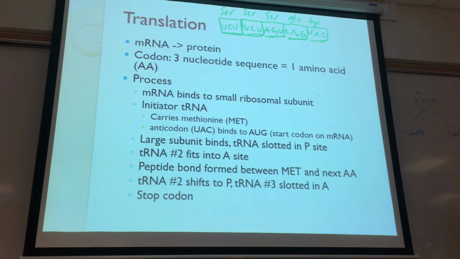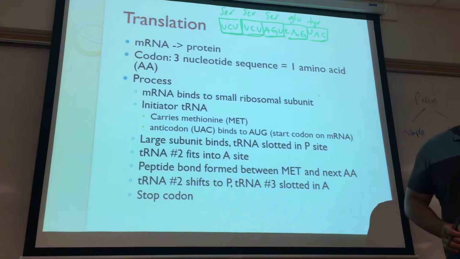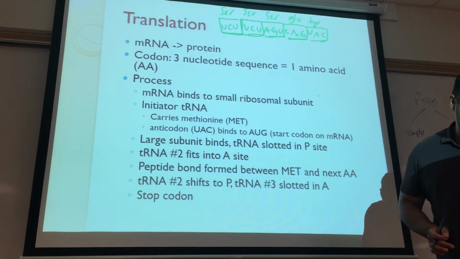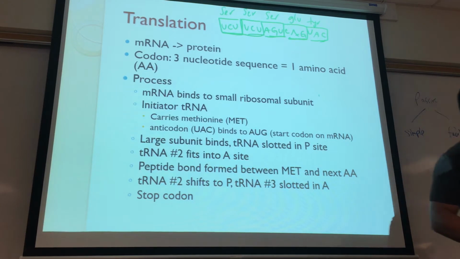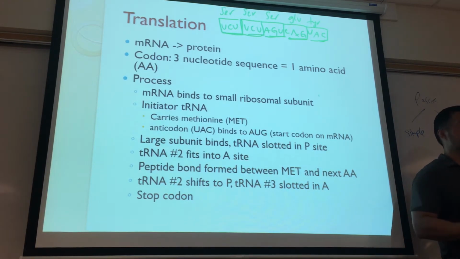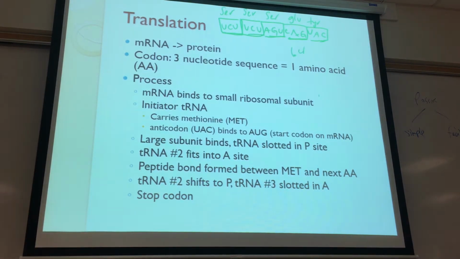If I have 4 times 4 times 4, 4 times 4 is 16, times 4 is 64 different sequences. So if I have 3 positions, I have 4 available nucleotides for the first base, times 4 available for the second, times 4 available for the third.